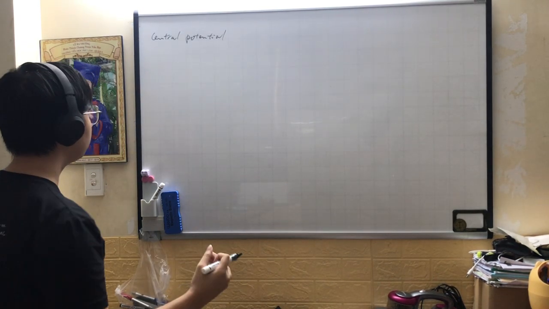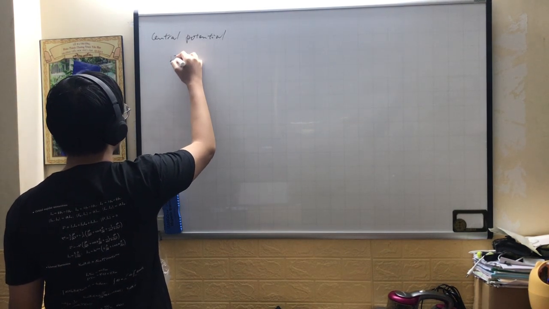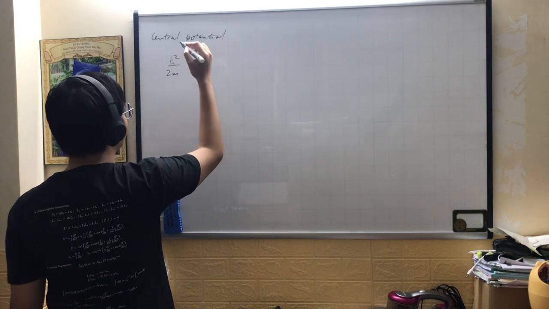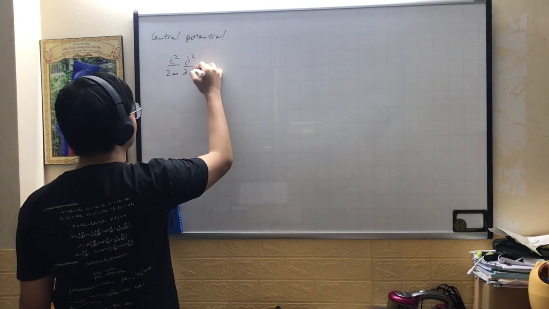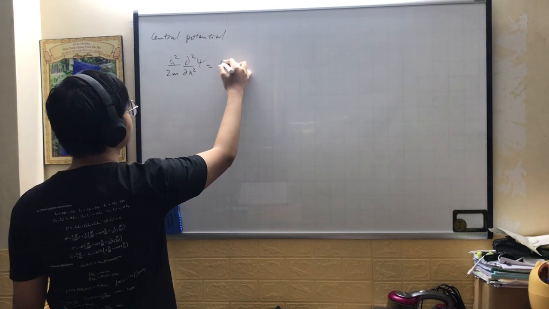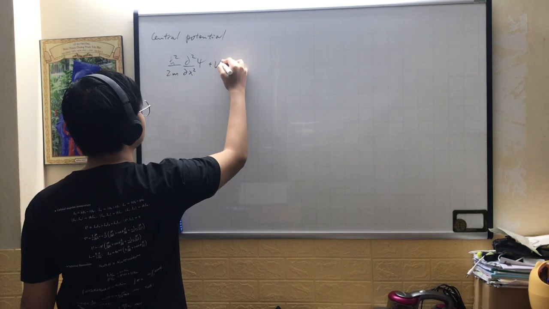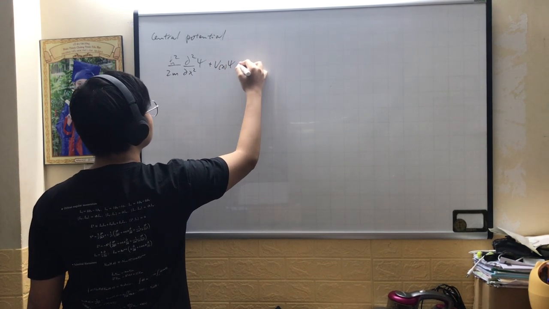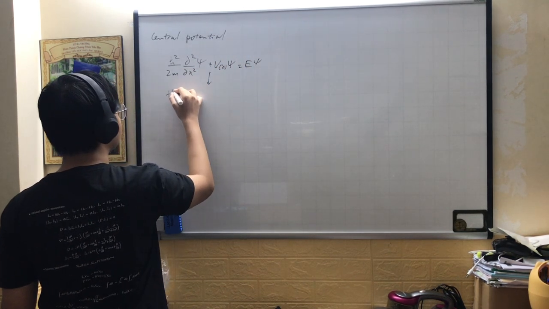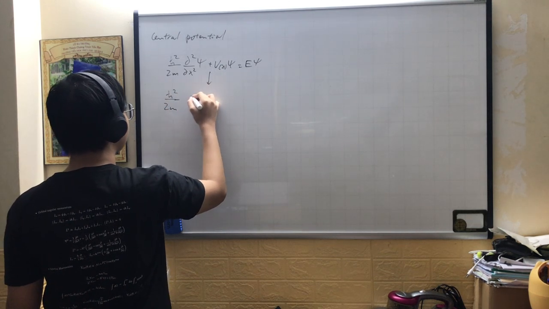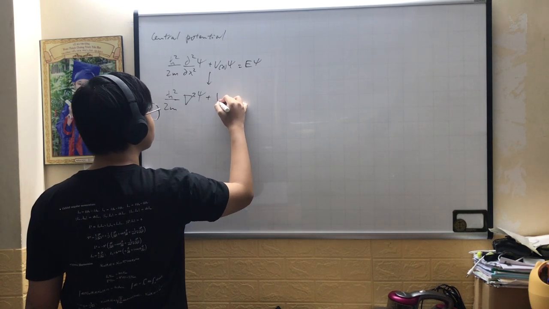So let's remember our first Hamiltonian that we dealt with, the 1D time-independent Schrodinger equation of psi is equal to E psi, with the potential plus V of x. And then we looked at the 3D Schrodinger equation.